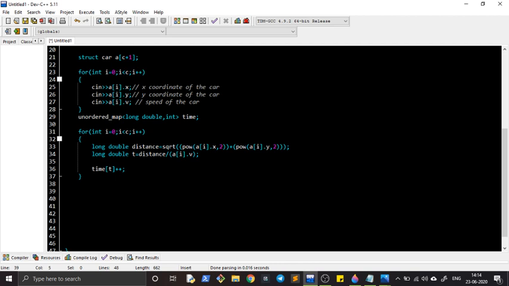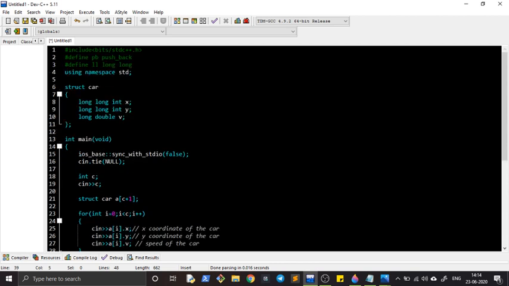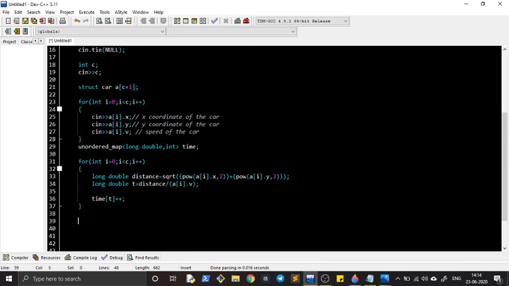So for that we won't need to calculate the factorial. We will only use n into n minus 1 by 2, and we will get the total number of collisions. So first, let us take a variable which will hold the total number of collisions. So long int collisions is equal to 0.